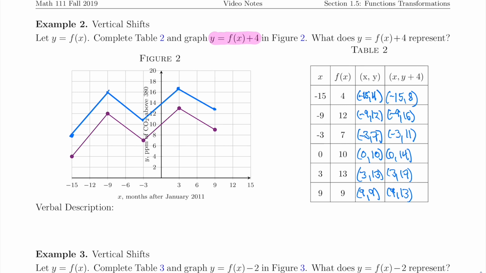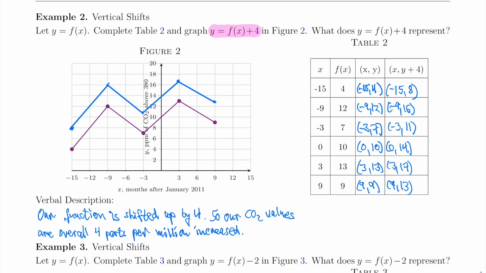So if there's a general shift up in all the values, then we could express that as f of x plus 4. Our function is shifted up by 4, and what it means in our data set is that our carbon dioxide values have increased by 4 parts per million overall.